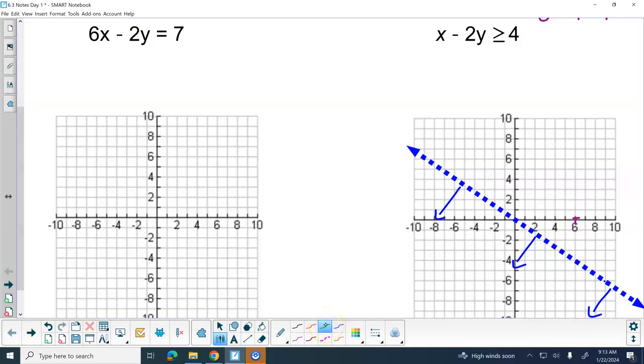Then we got x minus 2y equals 4. Then we're going to go negative 2y equals negative x plus 4. Then we're going to go y equals positive 1/2 x minus 2. So that's going to give me a y-intercept of negative 2 and slope of positive 1/2.